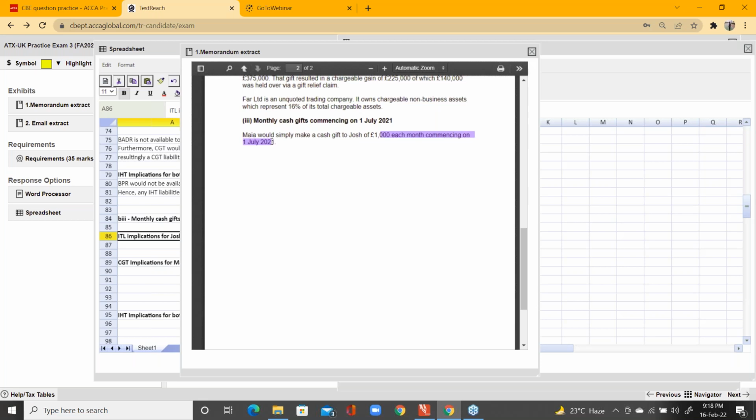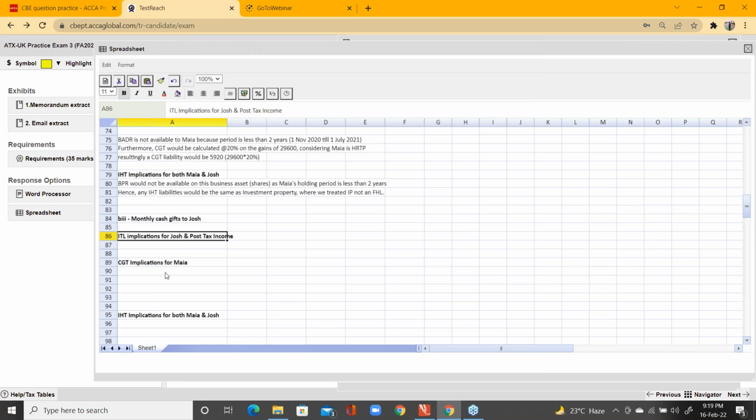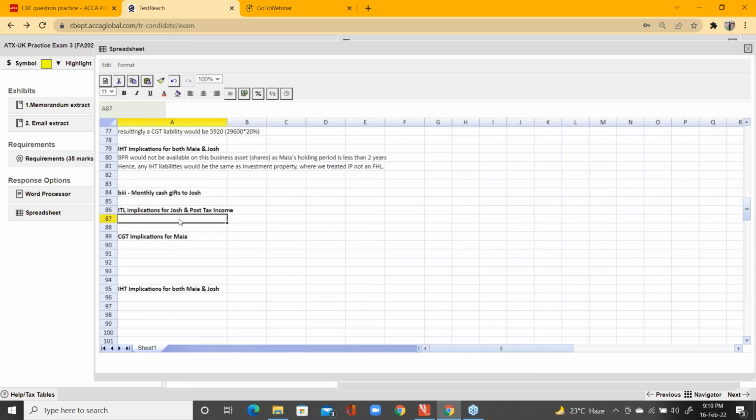So what are the implications for Josh and after-tax income? As we have already marked our headings: income tax implication for Josh and post-tax income on the monthly cash gift by his aunt, then CGT implication for Maya, and IHT implications for both on monthly cash gifts. Very easy, very, very easy.